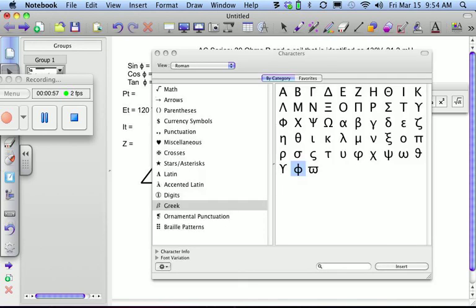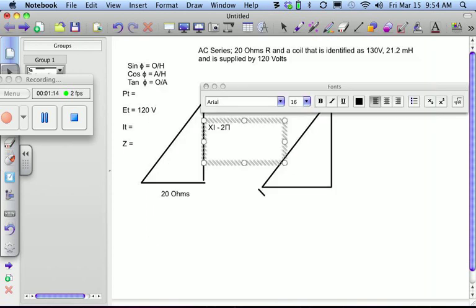Where is pi? That's the ugliest pi I've ever seen. 2 pi FL. And in this case, we know that that is 377.